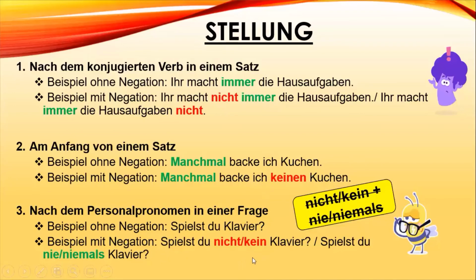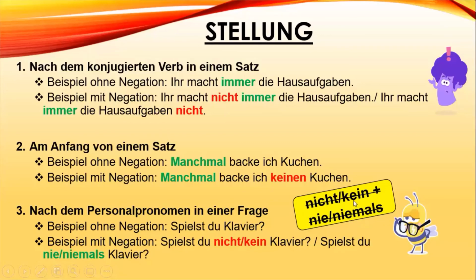So what I want to show you in these two possible negation questions is you need to remember that if you use nicht in a German sentence or question, then it cannot come along with nie or niemals.